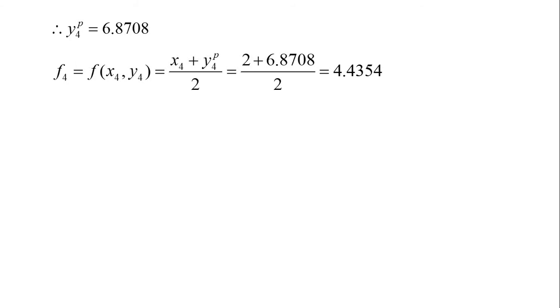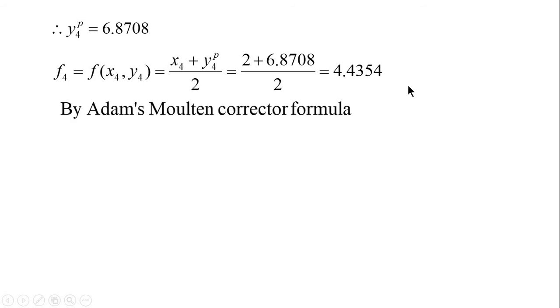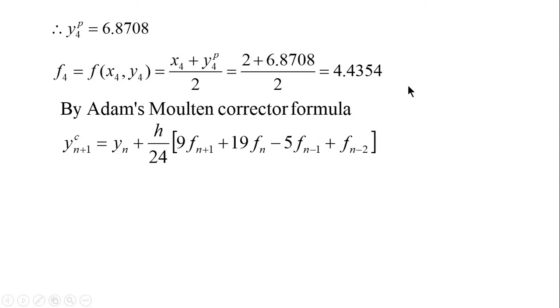We get our predicted value using the predictor formula. Now use the same value to find f4, because we need f4 in the corrector formula. So we get 4.4354.